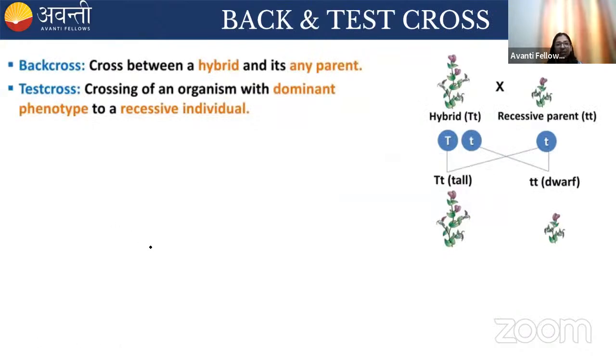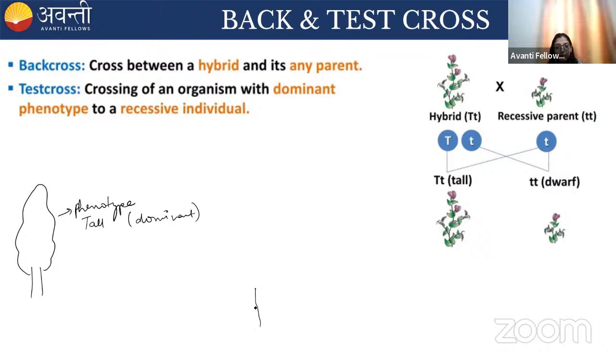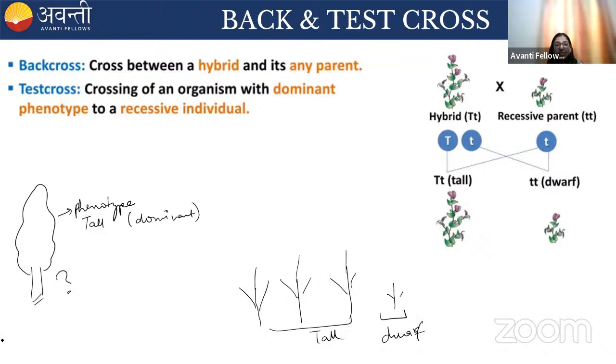Moving next is the test cross and the back cross. For example, this is a plant with the phenotype tall, which is a dominant phenotype. On crossing, this plant produces progeny in which 3 are tall and 1 is dwarf. But we don't know the genotype of this plant.